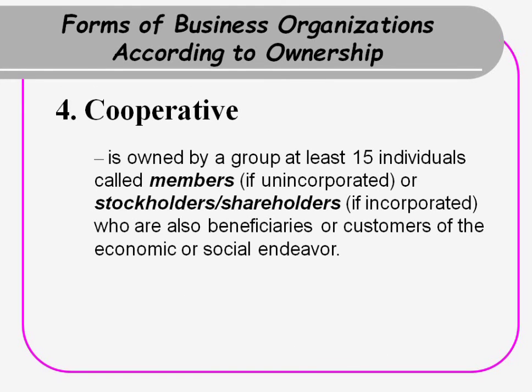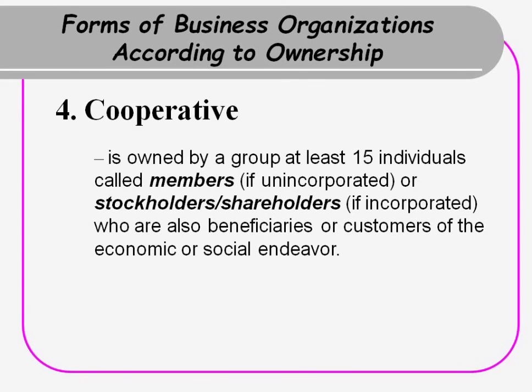A cooperative is owned by a group of at least 15 individuals referred to as members in case of an unincorporated cooperative, or stockholders if incorporated, who are also beneficiaries or customers of the economic or social endeavor.